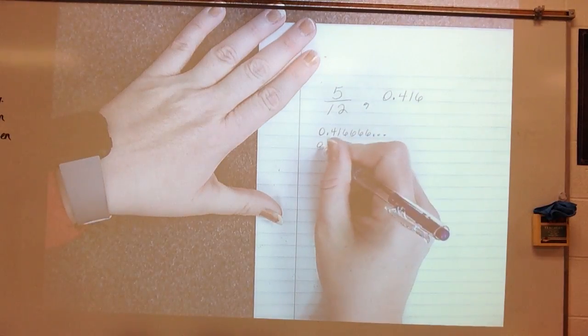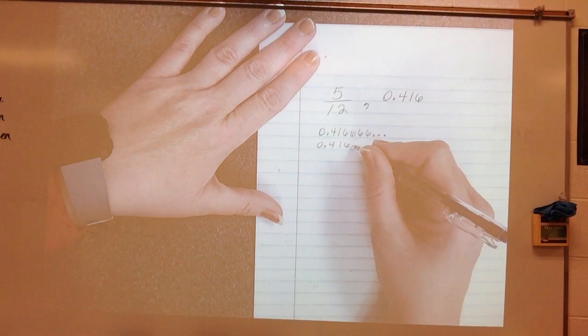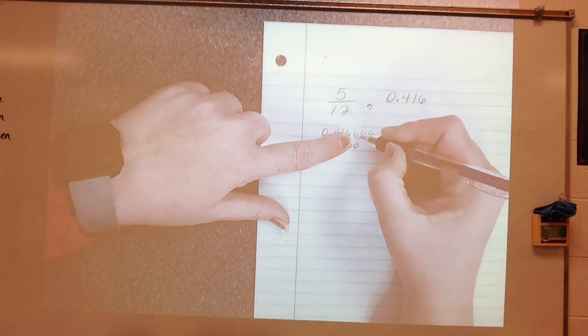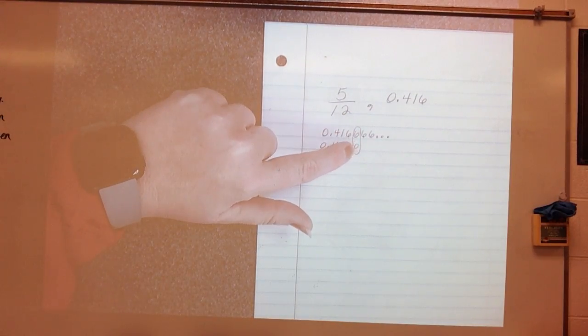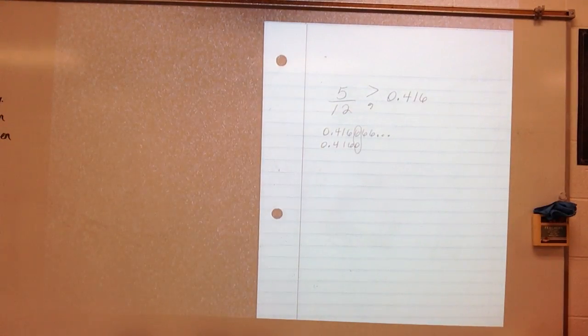So now I can line up, and I see same, same, same, same. They do not change until here. 6 is bigger than 0, so 5/12 is greater than 416 thousandths. Okay?